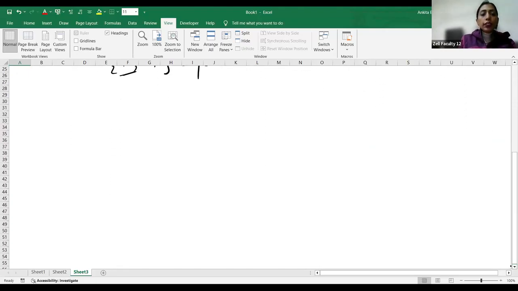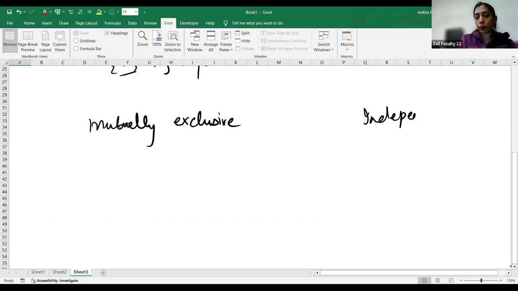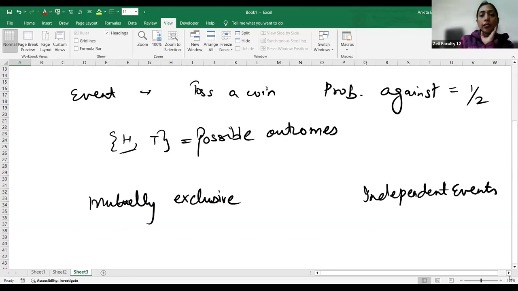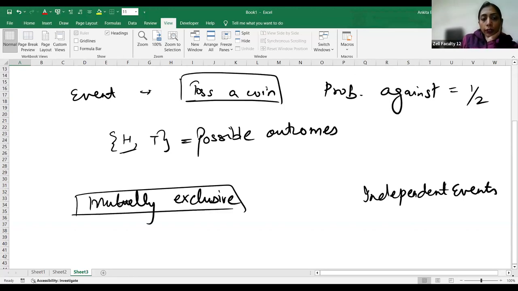Now we must know the distinction between mutually exclusive events and independent events. So we just said that tossing a coin is an event. Okay, now whether tossing a coin is a mutually exclusive event or an independent event, let us understand.